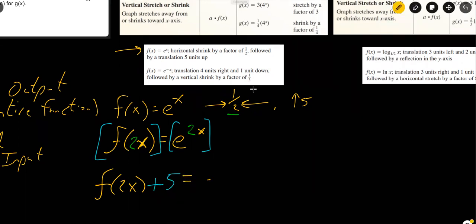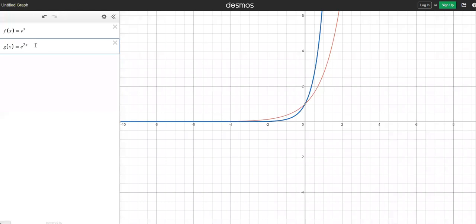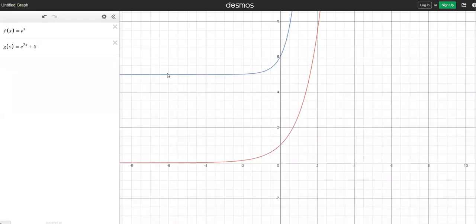I got rid of the green on this step because this is now the entire function at the end of step 1. So by adding 5, I'm translating up by 5 units. And I can see that again with my blue graph here. I've already shrunk it. Let's add 5. And sure enough, you can see everything over here has been moved up by 5 from the red graph. So not only has it been shrunk horizontally, it's also been moved up.